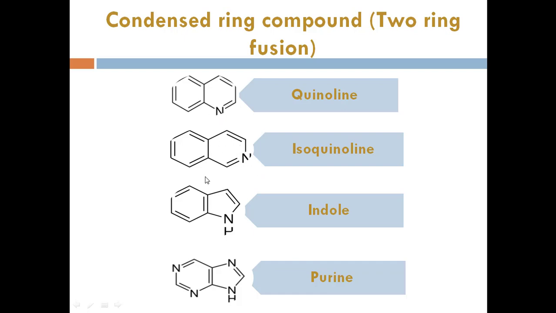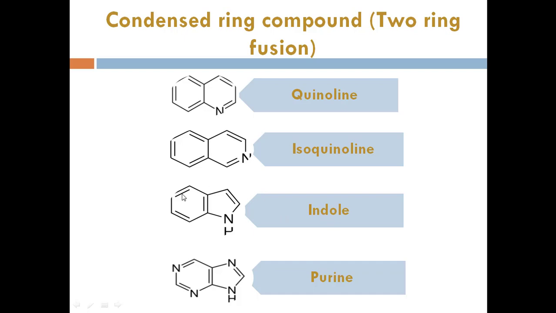In quinoline and isoquinoline, the 2 fused ring systems are numbered as per naphthalene. So here numbering starts from this carbon: first, second, third, fourth. Likewise first, second, third, fourth. Here don't start the numbering from the nitrogen atom, right? Here numbering should be started with this first nitrogen, right? So in quinoline nitrogen is at first position and in isoquinoline nitrogen is present at second position, right?